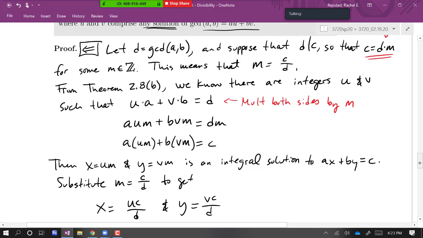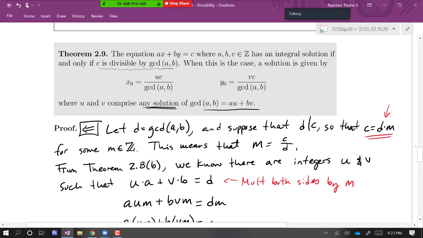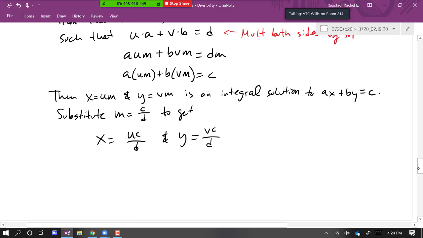I'm going to scroll up real quick. That's this part where it said a solution is this part. Remember, we called the greatest common divisor equal to D, so we've established the result that we wanted in that direction.